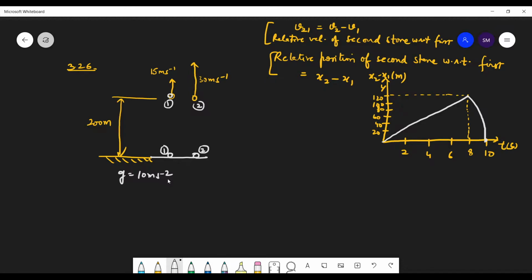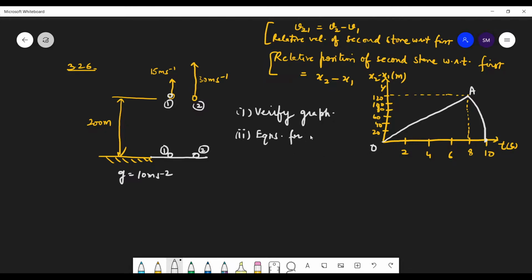So the first thing we need to do is verify that the graph is correct. And second thing, we have to give the equations for this OA, for the linear part of this graph.